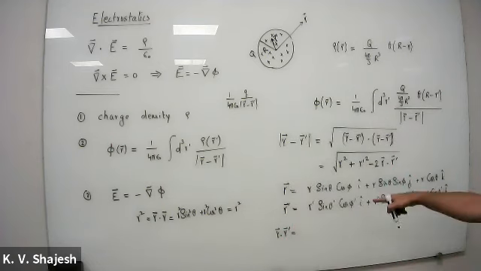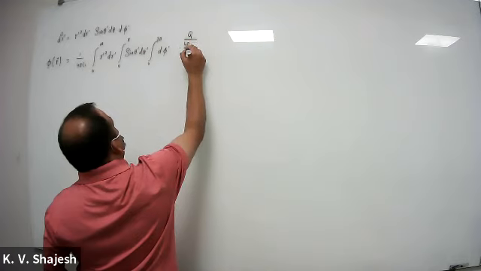That's equal to 1 over 4 pi epsilon naught. Integral goes from 0 to infinity, r prime square d r prime, 0 to pi sine theta prime d theta prime, and 0 to 2 pi d phi prime. Right? That's equivalent to integrating over the whole space. And my charge density is q over 4 pi by 3 r cubed.